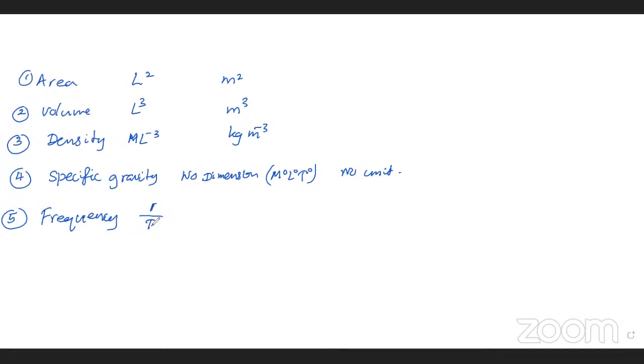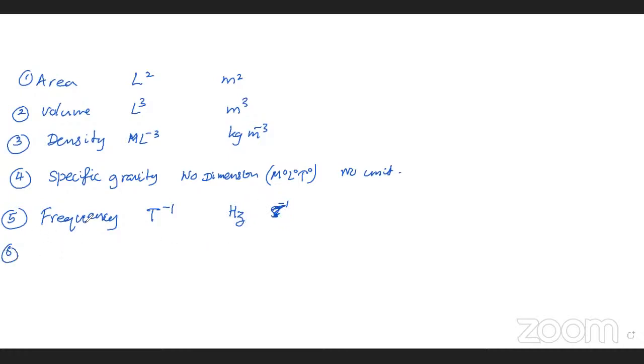So the dimensional formula is T^-1. You can write it as T^-1, right? Dimension T^-1, and its SI unit is hertz. Hertz means per second. So we use these SI units, SI symbols. We have to use them.